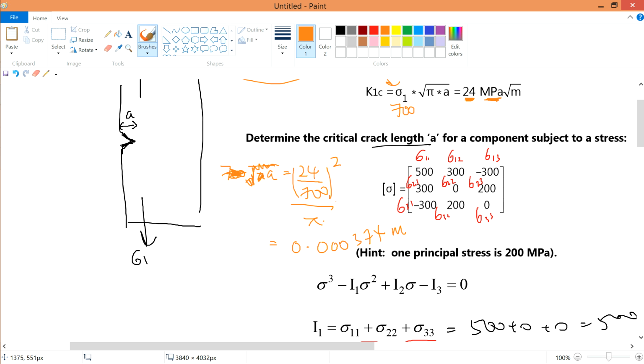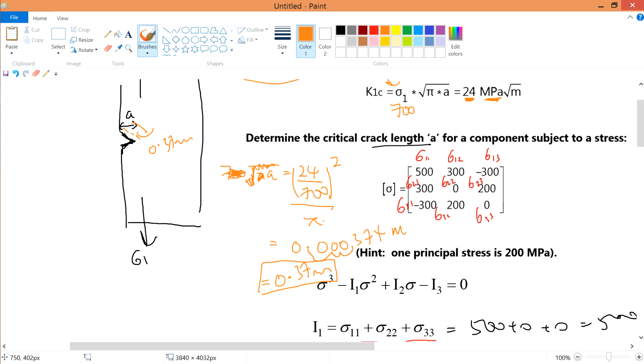In case you forget, I'll leave the answer over here as 0.000374 meter. To change to millimeter, we multiply by 1000, and therefore what we have is 0.37 millimeter. This is the answer. So this crack length is 0.37 millimeter.